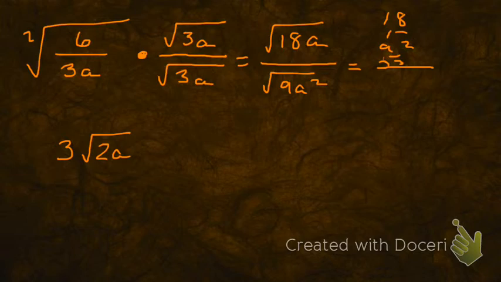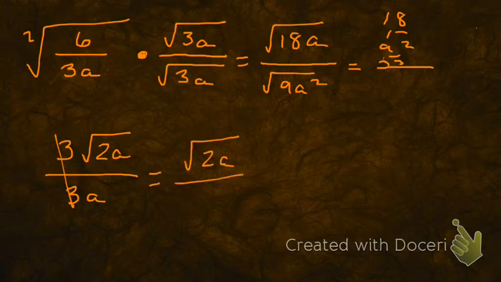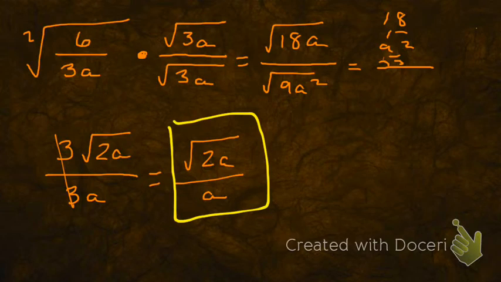So the top becomes 3 root 2a, and the bottom becomes 3a. Then the 3's will cancel. The a's will not, because one is in a root and one is not. So your final answer is square root of 2a over a.